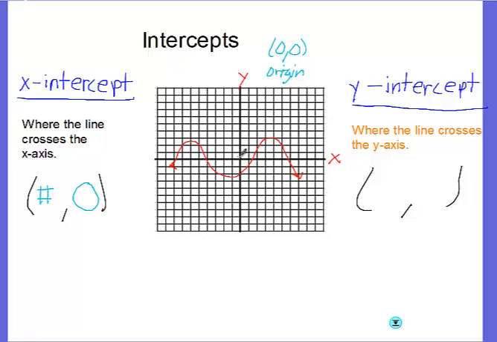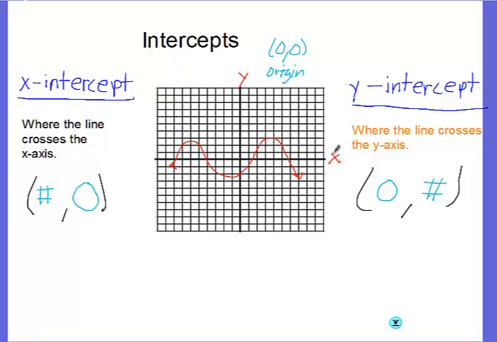Likewise, if we're at our origin and you stay along the y-axis, you're just changing the vertical number. You're not going left or right at all, you're just going up and down. Similar to the x-intercept, our y-intercept follows a nice pattern: we always have a y number, but the x value is always 0, because the y-axis goes through the origin and does not go left or right at all.